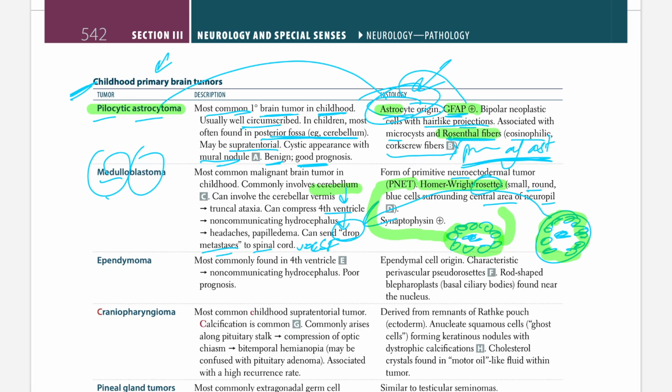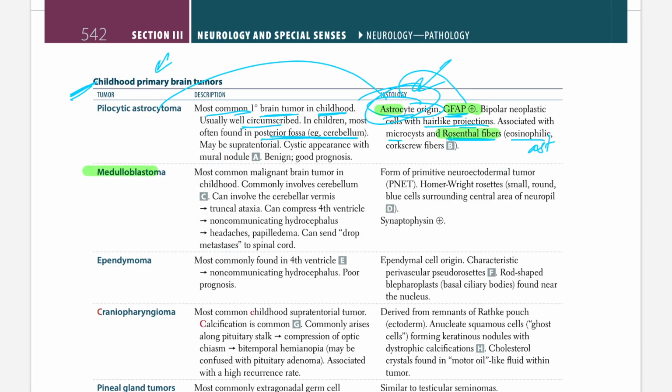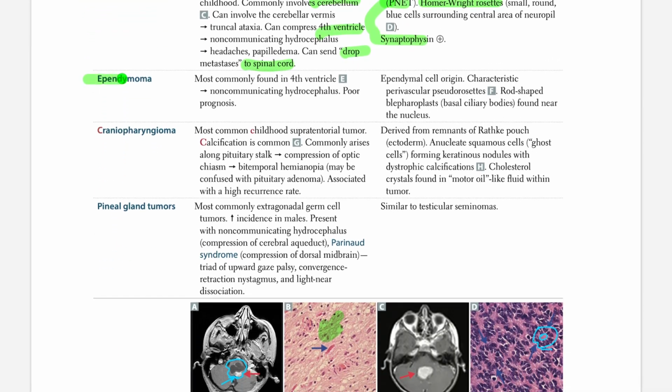And one of the things you can just think about is that medulloblastoma will send the drops to the spinal cord from the cerebellum. So the important thing we have to know for medulloblastoma is that these are Homer Wright rosettes, cells arising from PNET and synaptophysin positive, and they will send drops to the spinal cord, involving the cerebellum and fourth ventricle.